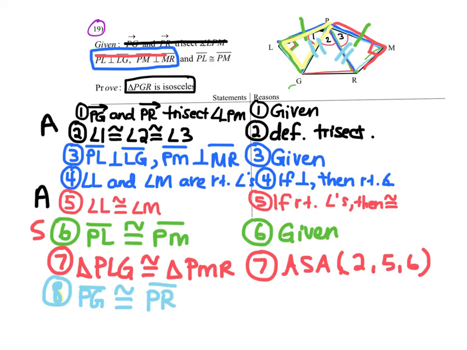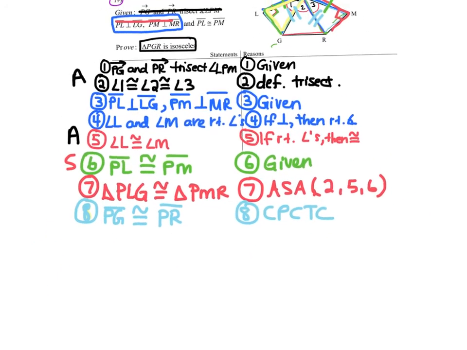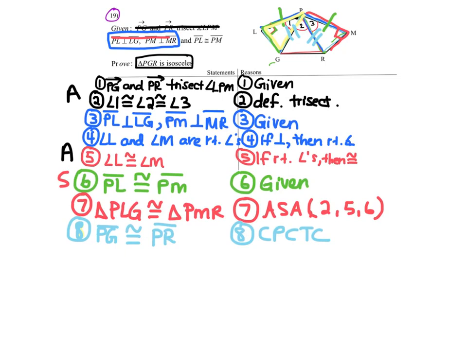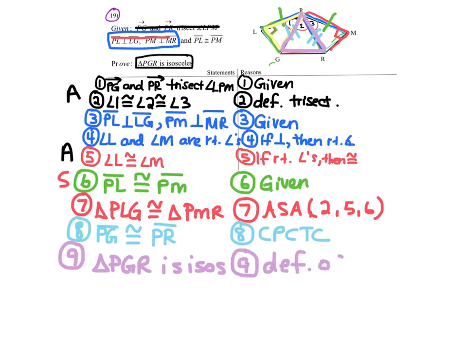Remember, I have to say those sides are congruent first. That's CPCTC. Now that I've said those sides are congruent, I can finally say that this triangle, because it has two congruent sides, PGR, is isosceles. And the reason is that that's the definition of an isosceles triangle, that it has two congruent sides, which I just proved using CPCTC.